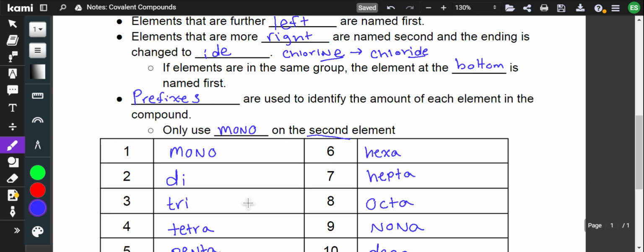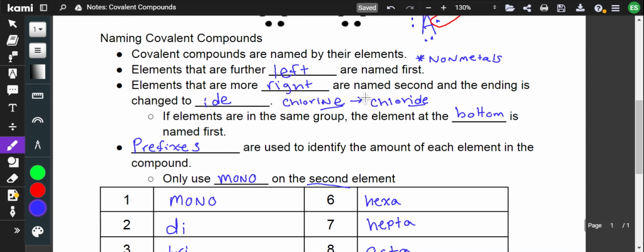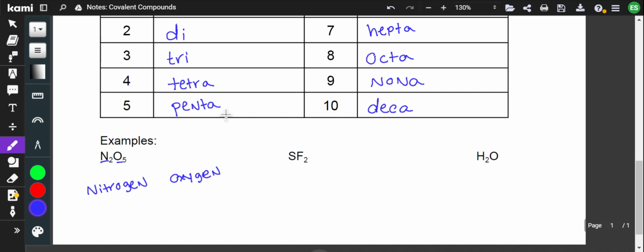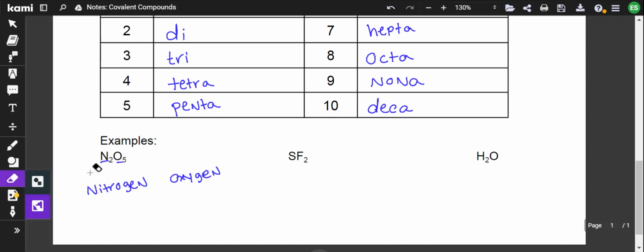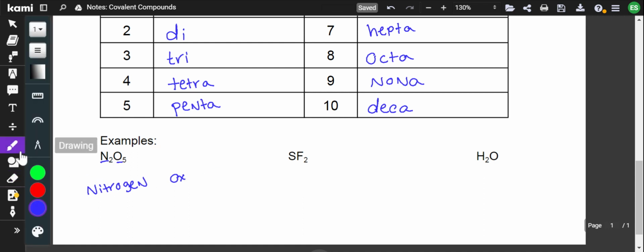But if I remember, the second element, the ending is changed to IDE. So I don't want to write it as oxygen. I'm going to change it to ox-ide. We change that at the second to last vowel, typically.